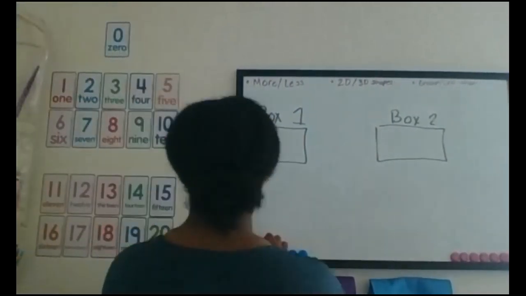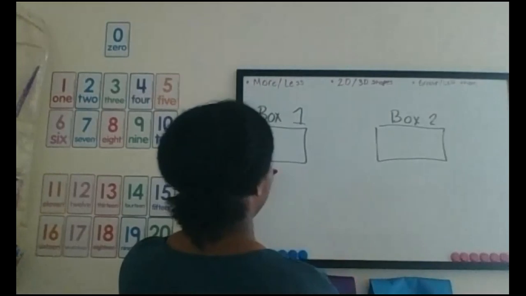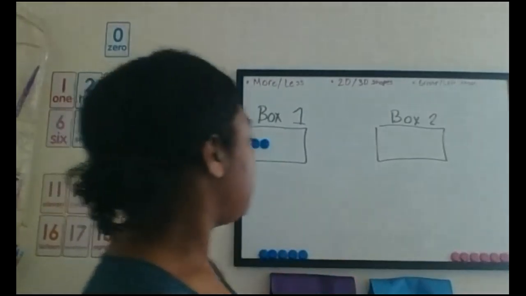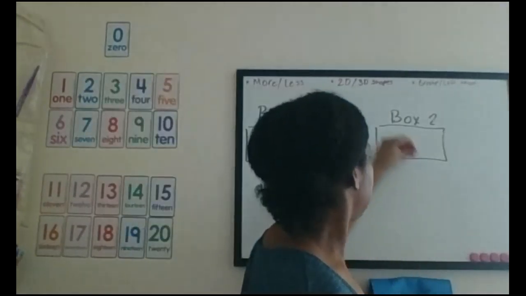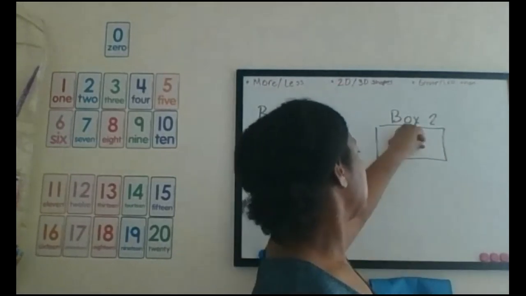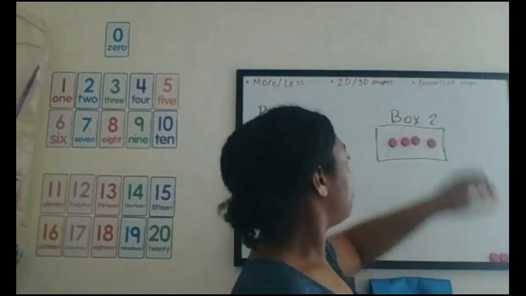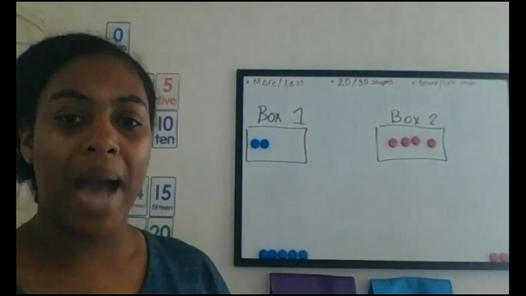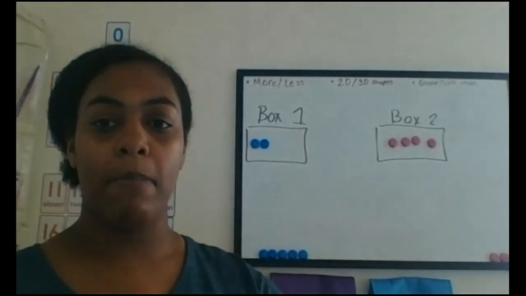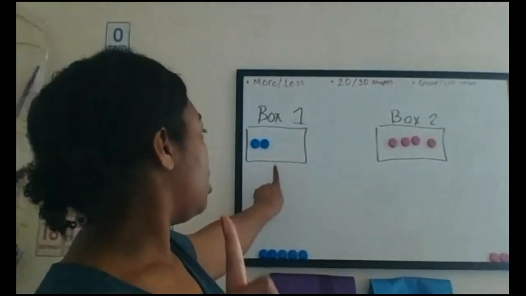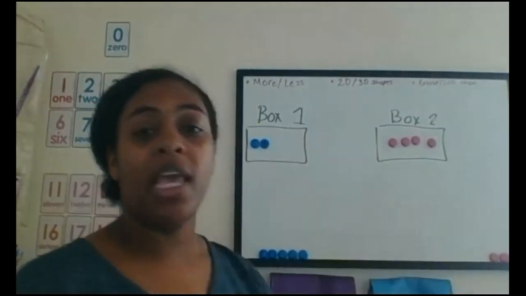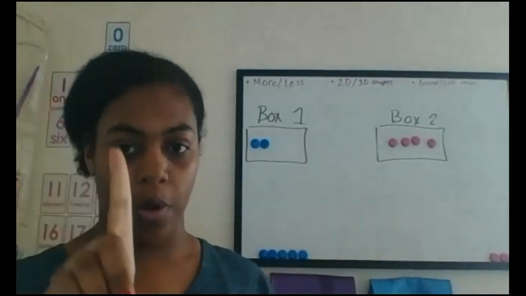In box 1, I have some blue magnets. In box 2, I have some pink magnets. Which box has more magnets? Box 1 or box 2? If you think it's box 1, you hold up 1 finger.